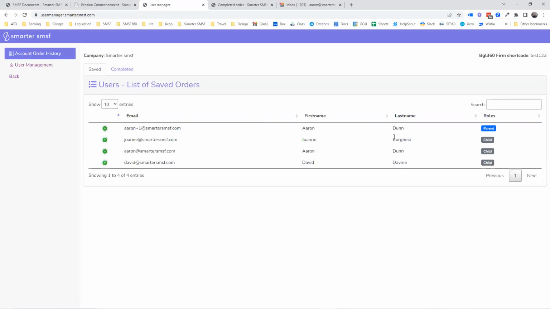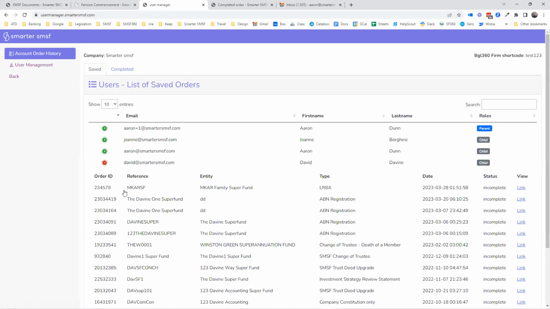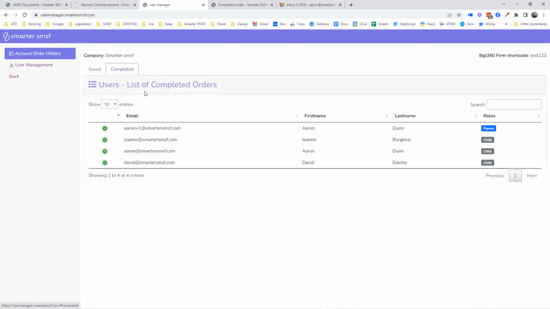And that's going to give you access to not only the saved orders of all of the different team members here, but it will also allow you to pick up the link of that and then go and review and then submit that information. Similarly, you'll be able to go into the completed orders area.